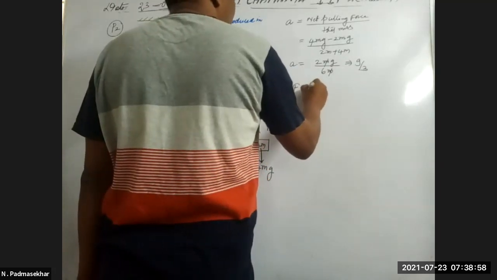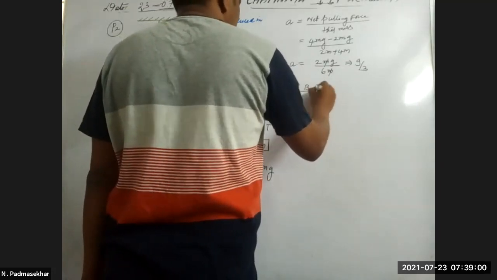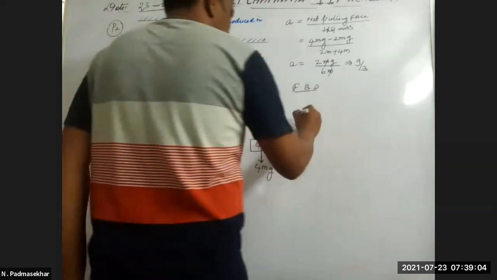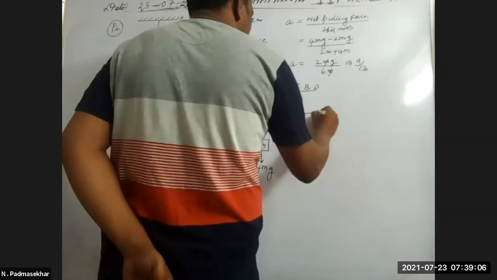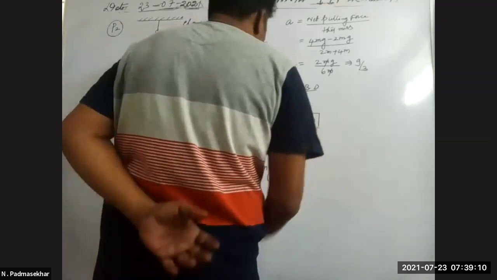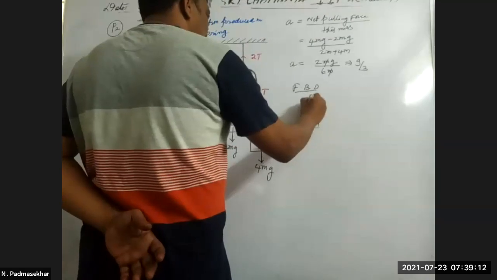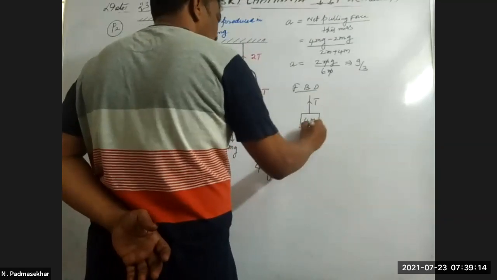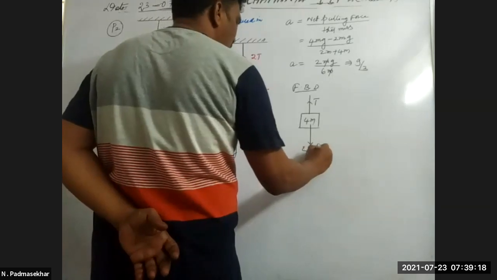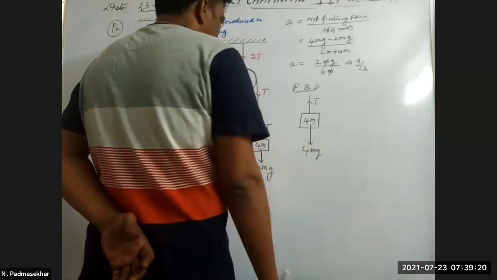Take the free body diagram for any one block. Suppose we take the 4m free body diagram. This is the tension, and it is 4mg.